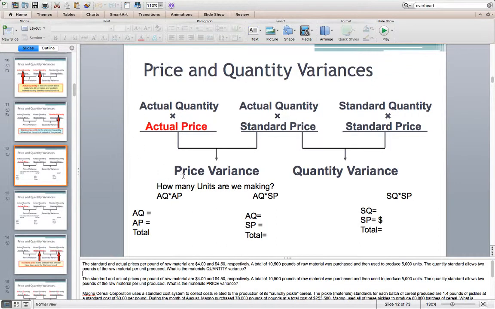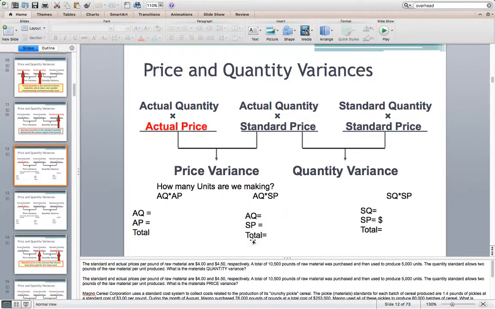We have this all set up, our price and quantity variances, and you need to know this formula. Sometimes the actual quantity and price are on the left side, and sometimes they switch to the right side, but it's the exact same formula, however you want to present it. Sometimes they give you exactly what you need, and sometimes you have to do a few calculations in the mix. It says the standard and actual prices.